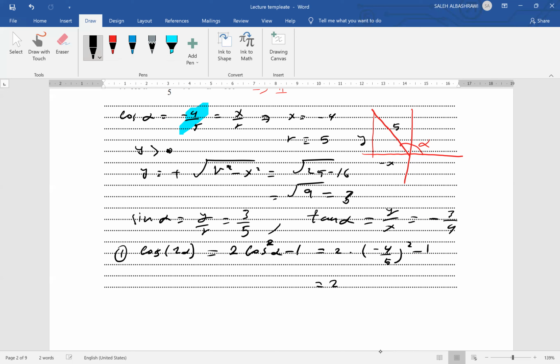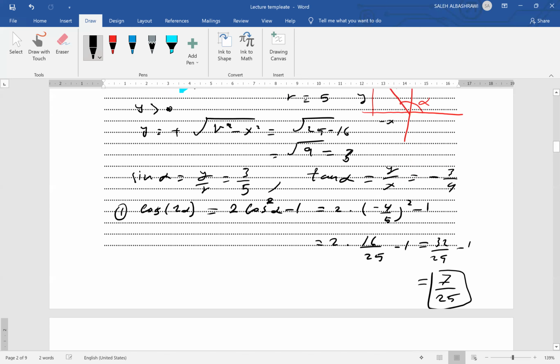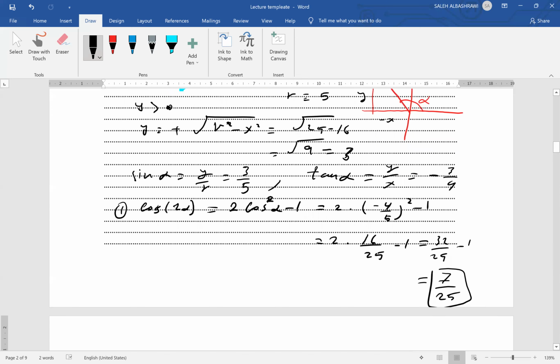This will be 2 multiplied by 16 over 25 minus 1, which is 32 over 25 minus 1, or minus 25 over 25. By combining the fractions, 32 minus 25 will give me 7 over 25. This is cosine 2 alpha.